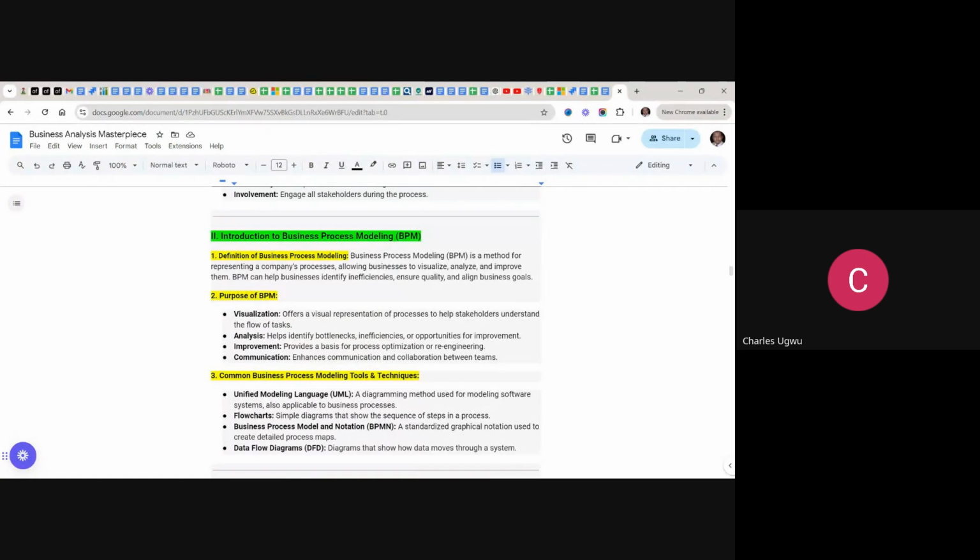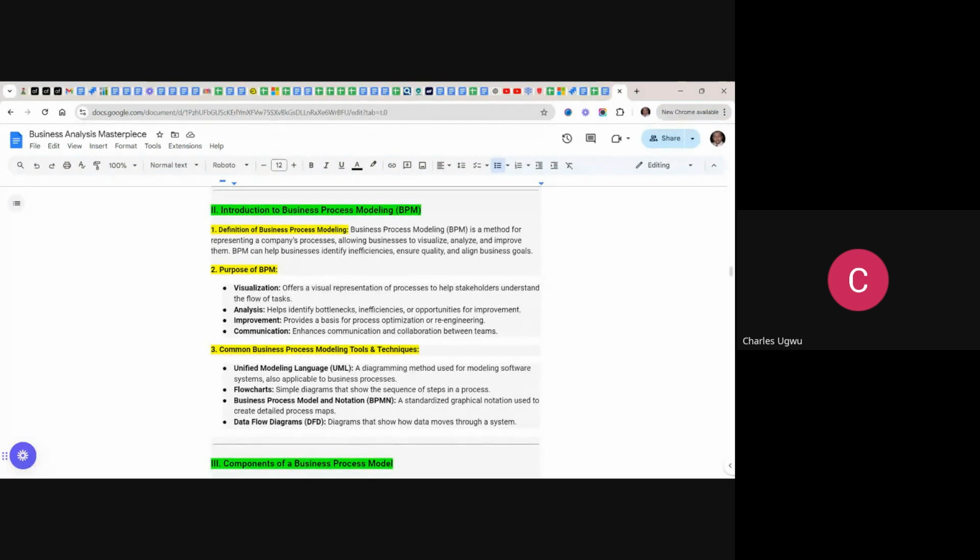The purpose of business process modeling is, first, visualization: offering a visualized representation of processes to help stakeholders understand the flow of tasks. Secondly, analysis: helping identify bottlenecks, inefficiencies, or opportunities for improvement. Then improvement: providing a basis for process optimization or re-engineering.